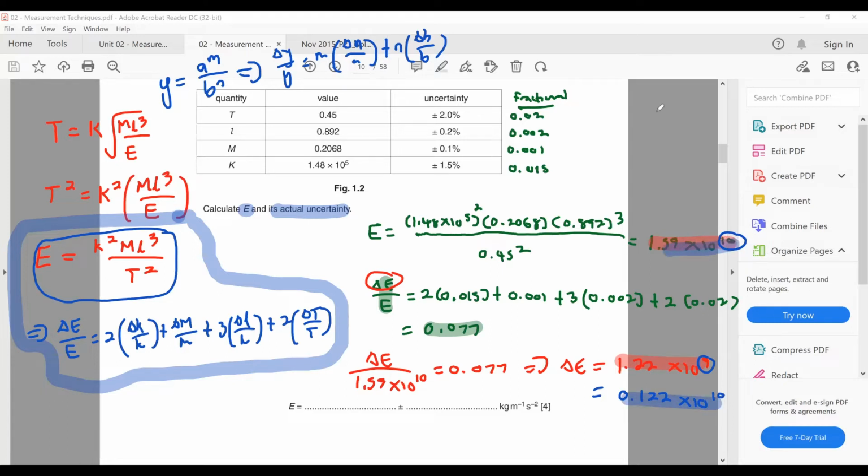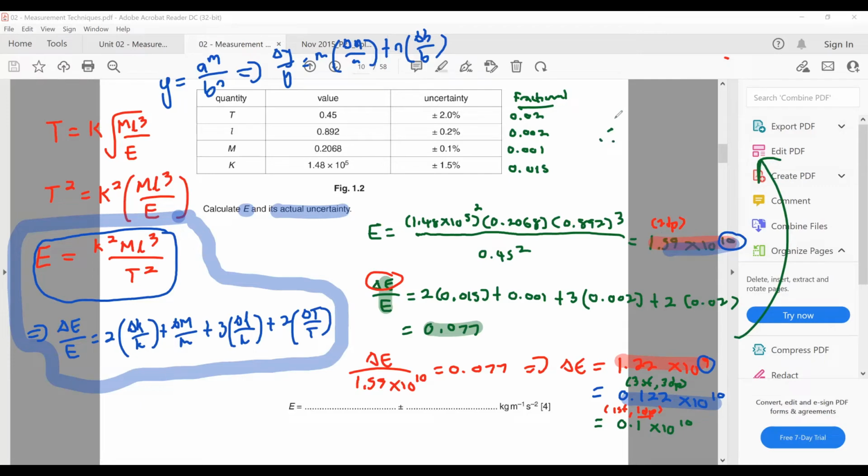Now this one you see is 3SF, 3DP. You know that you need to re-express this as 1SF only. So this will become 0.1 times 10 power 10, which is now 1SF, 1DP. Your measured value, as I mentioned, must follow the same DP. This one is now at 2 DP, but this one is at 1 DP. You need to round it off so that it matches the absolute uncertainty at 1 DP.